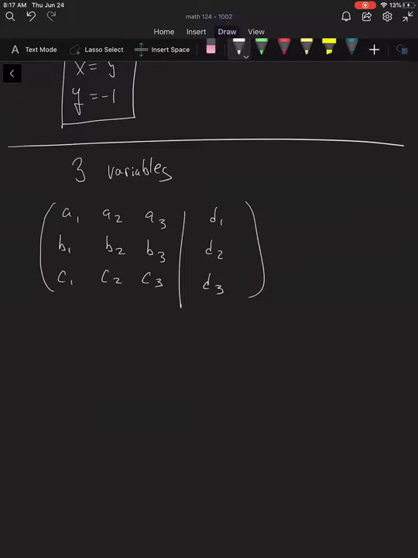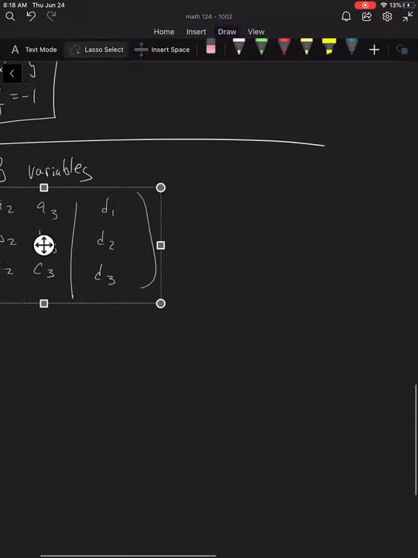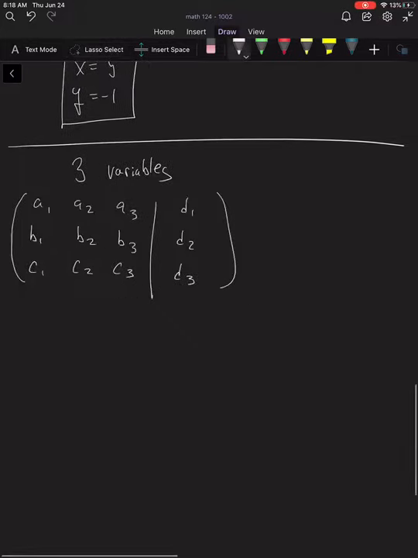So let's actually move this over a little bit. So this represents, remember, this would mean we have A1x plus A2y plus A3z is equal to D1.